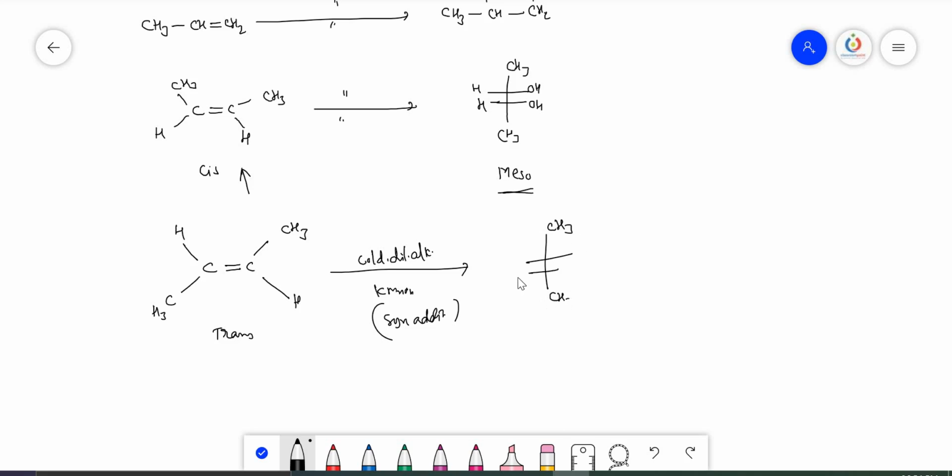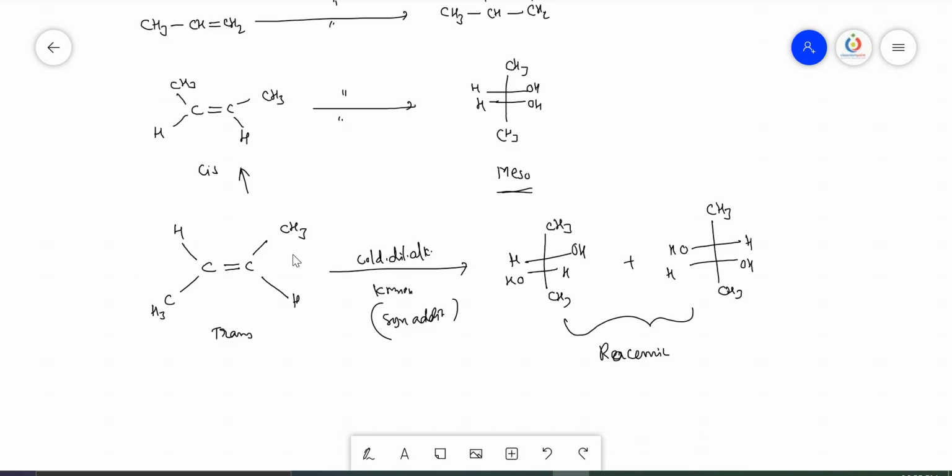CH3, CH3, HO, H, OH, H plus its mirror image. These are the racemic mixture. 50% is that component, 50% is this compound. So the racemic mixture you will get is nothing but an enantiomeric mixture. Okay, and let us take one more molecule.